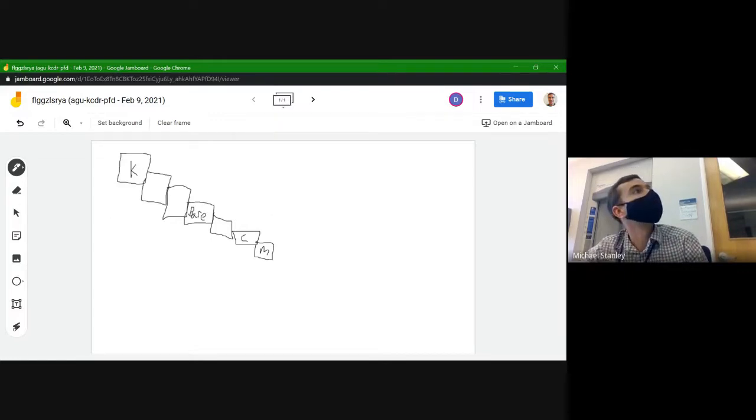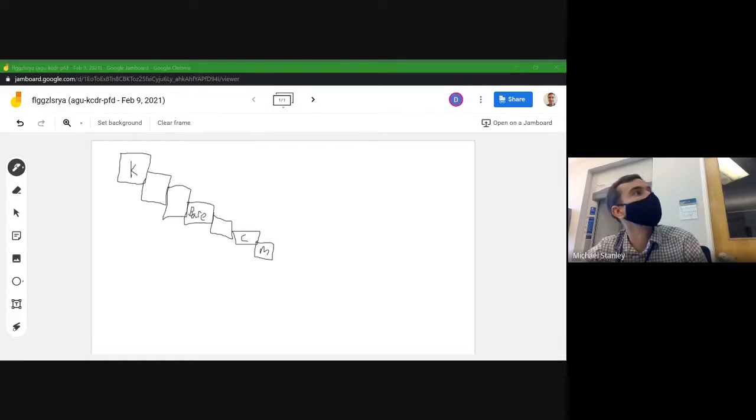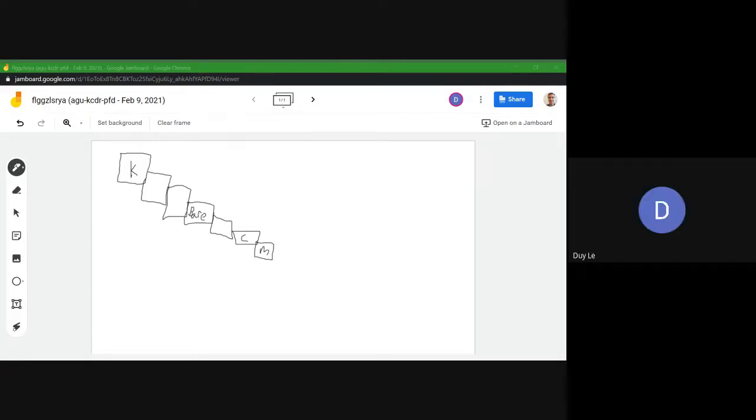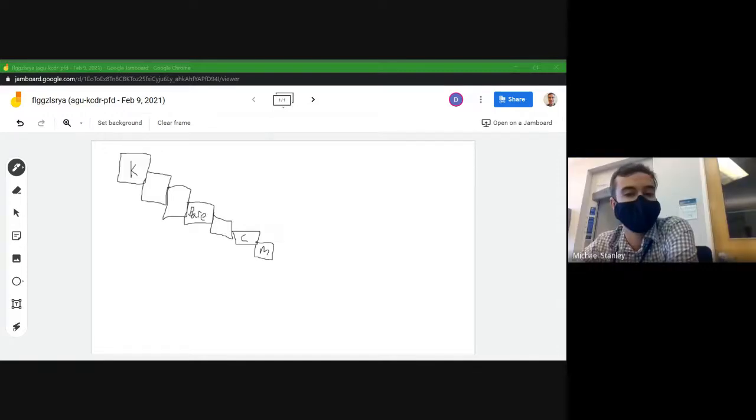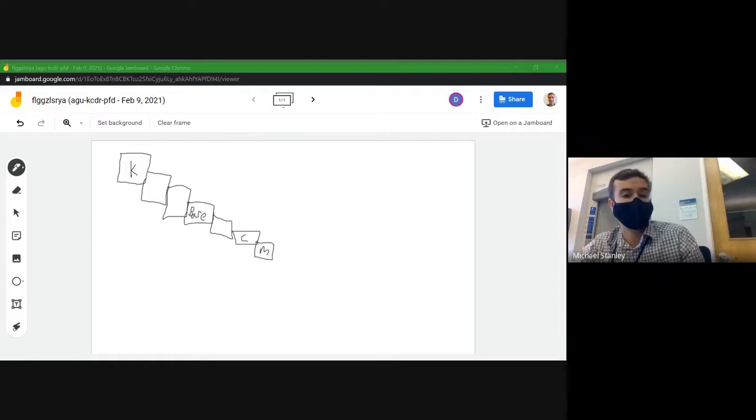So let's see, where are good examples here? All right, oh, this is a good one. We have 480 centimeters to meters.